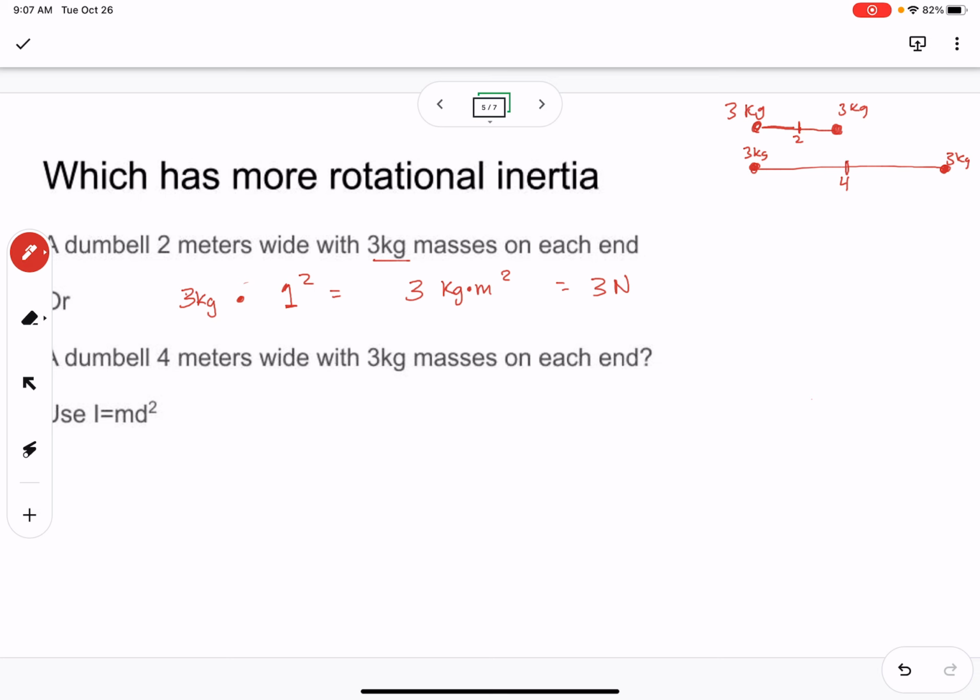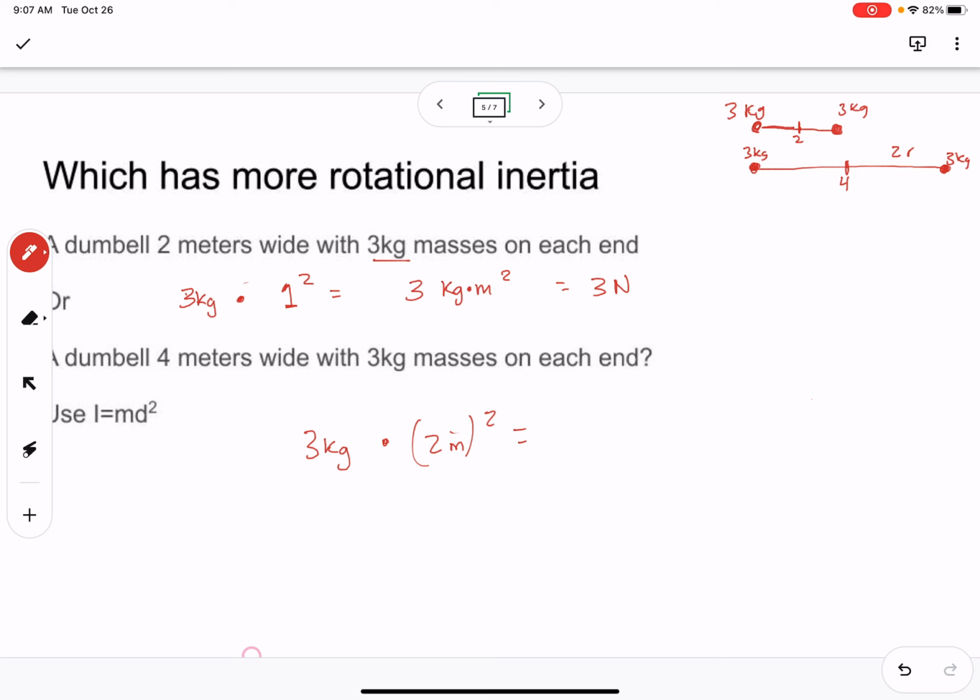All right, and then for this one, the radius is 2. The mass is still 3. And then we've got times 2 meters squared.